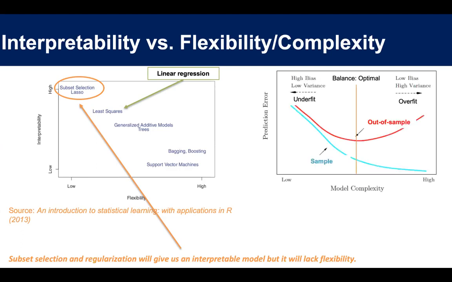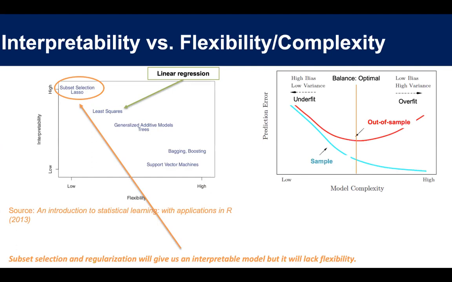So this is related to a trade-off called the bias-variance trade-off. The basic idea here is as we get more complex, we may reduce the prediction error on our sample data, but that model is not going to generalize very well to any out-of-sample information or data.